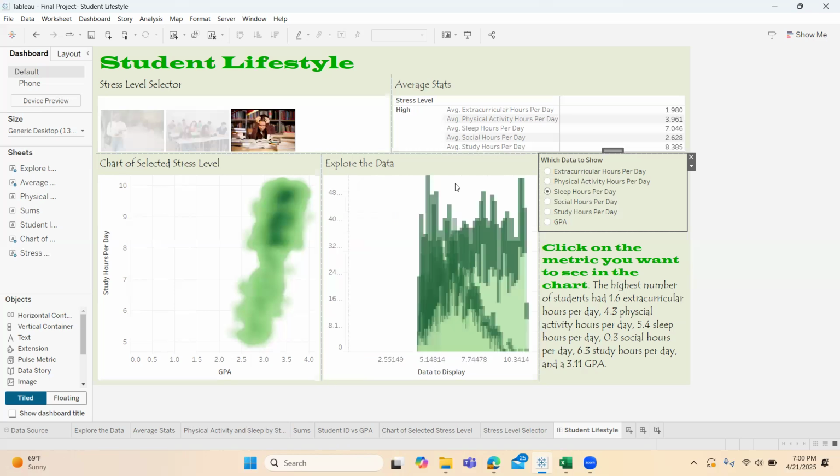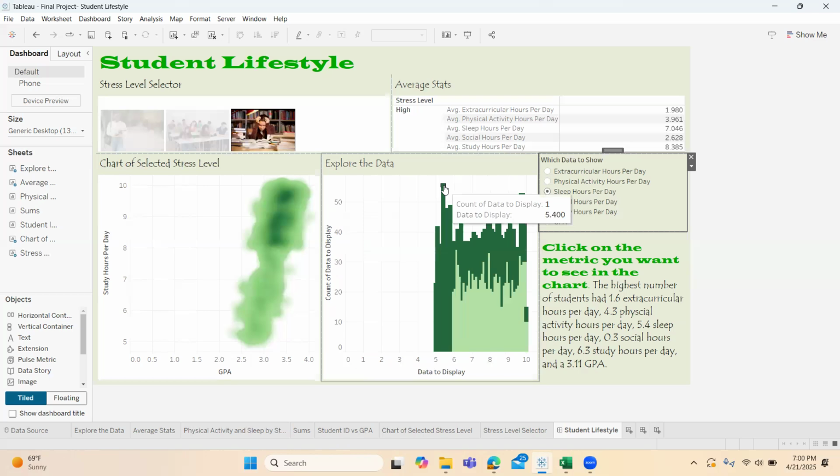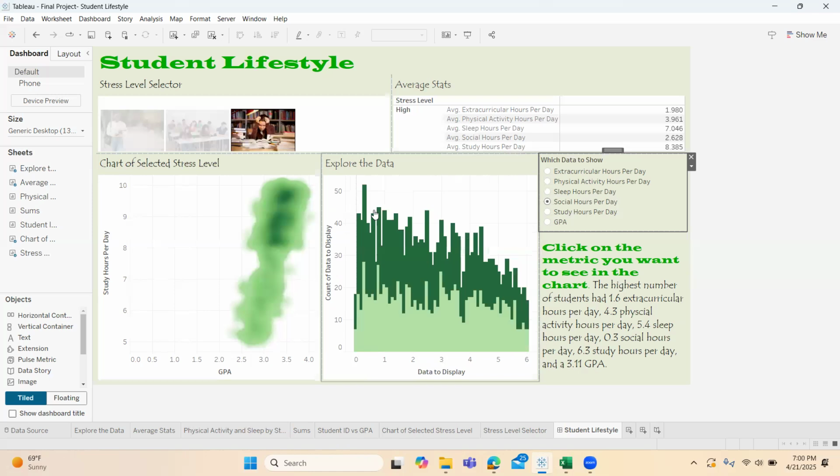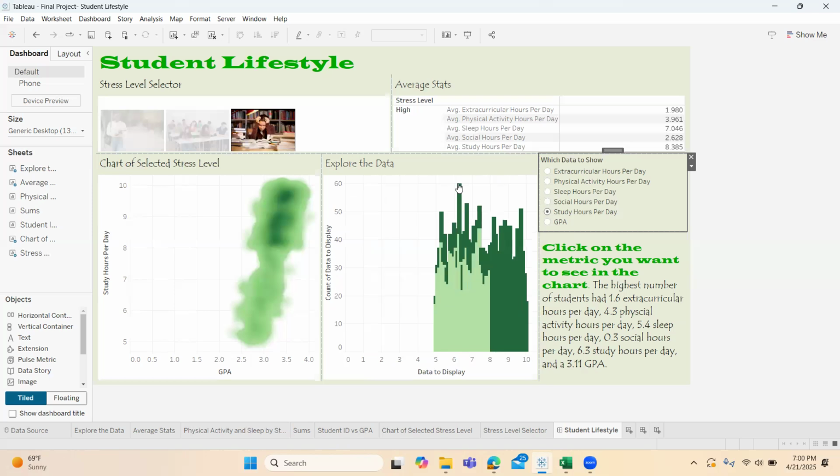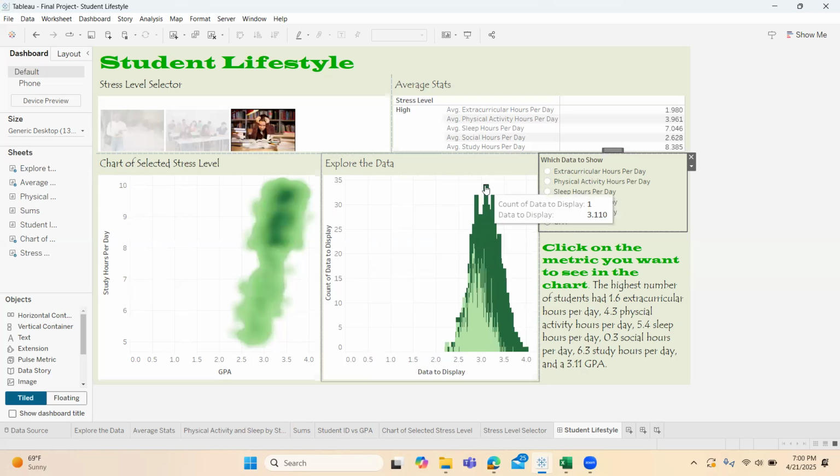Sleep hours per day, most students only have 5.4. Social hours per day, most people only have 0.3. Study hours per day, most people have 6.3. And GPA, most people have a 3.11 GPA.